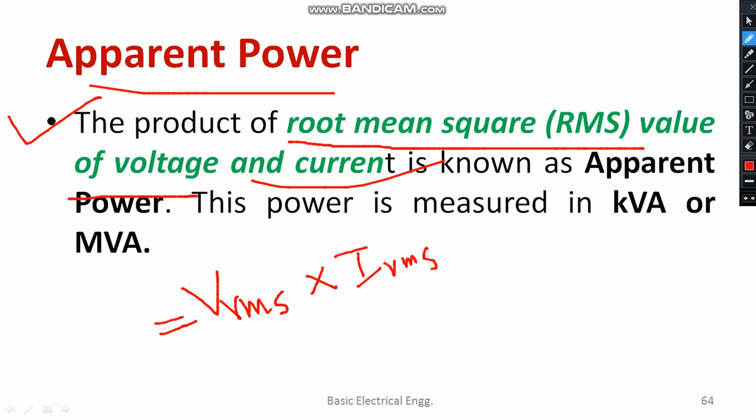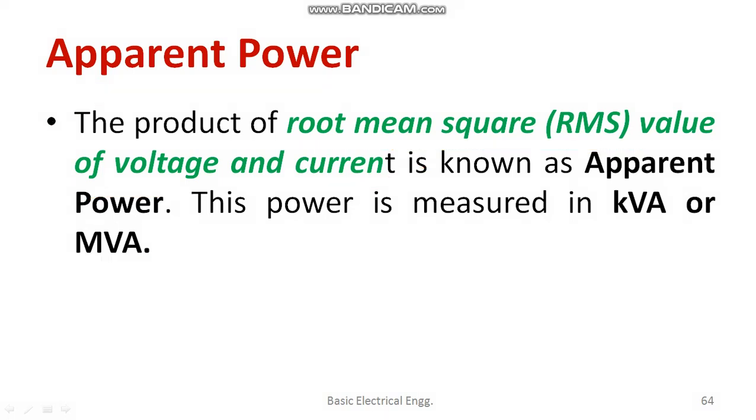Apparent power is represented by the letter S, real power by the letter P, and reactive power by the letter Q. Apparent power is measured in volt ampere. For a higher range, you can call it kilovolt ampere, or for still higher, megavolt ampere.